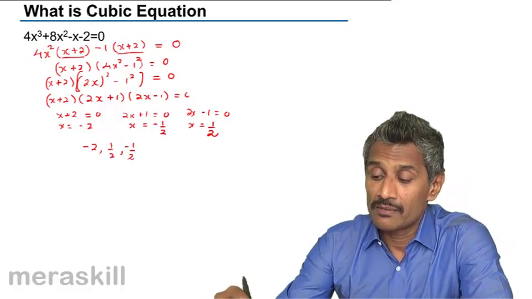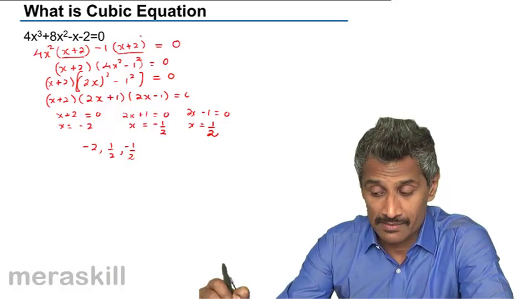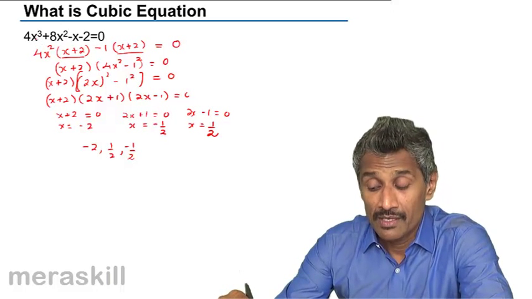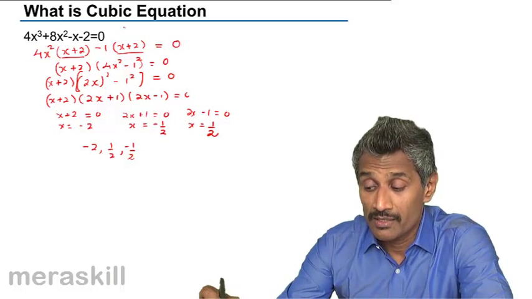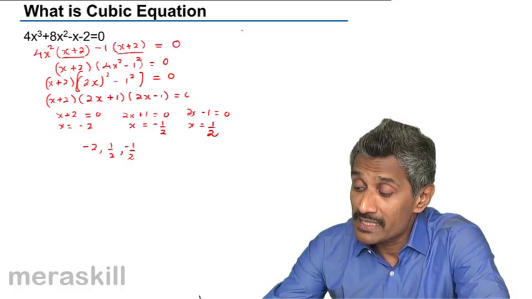The other way is to put in arbitrary values of x. Suppose you are taking x as 1, it is not turning out to be 0. Suppose you take x as minus 2.